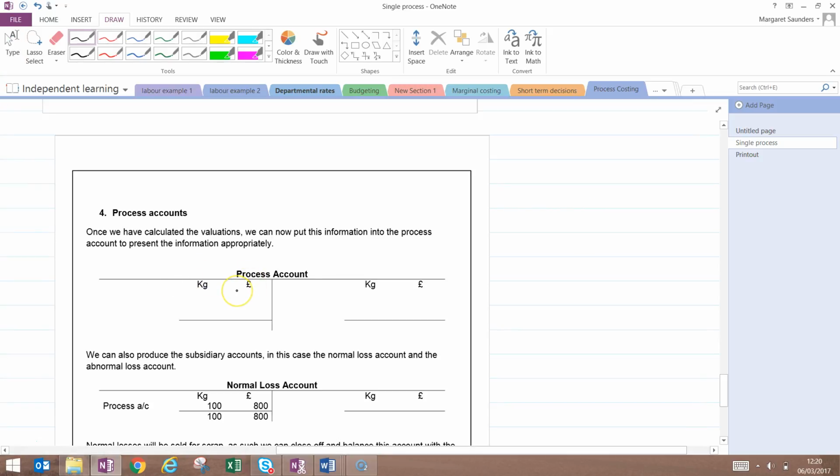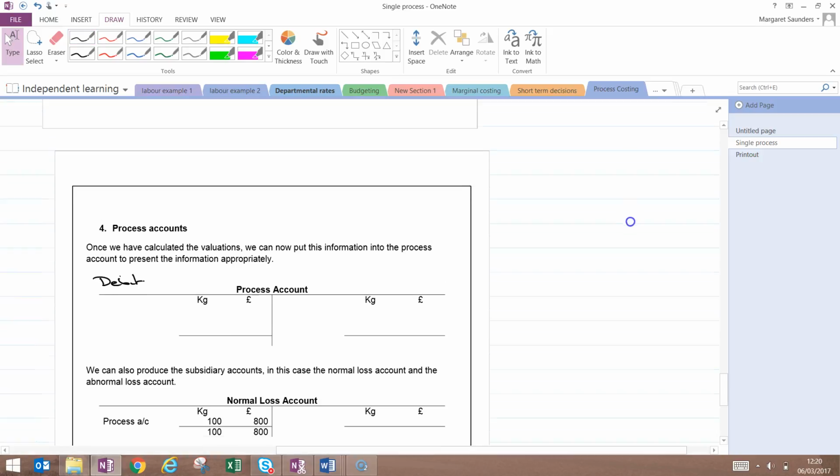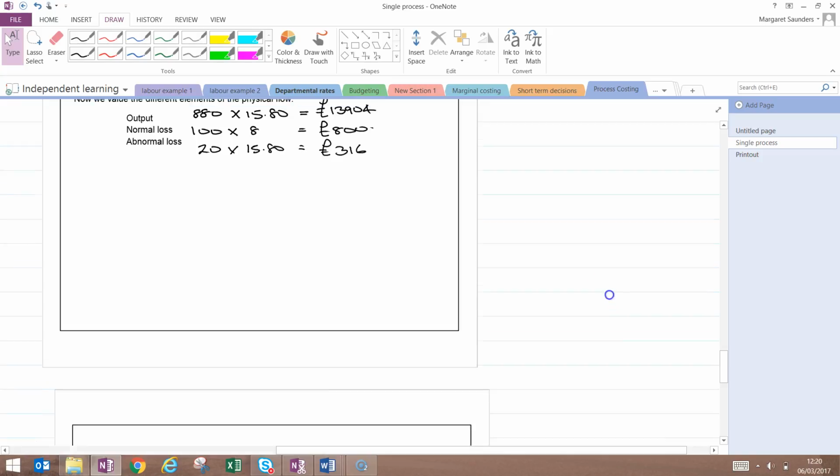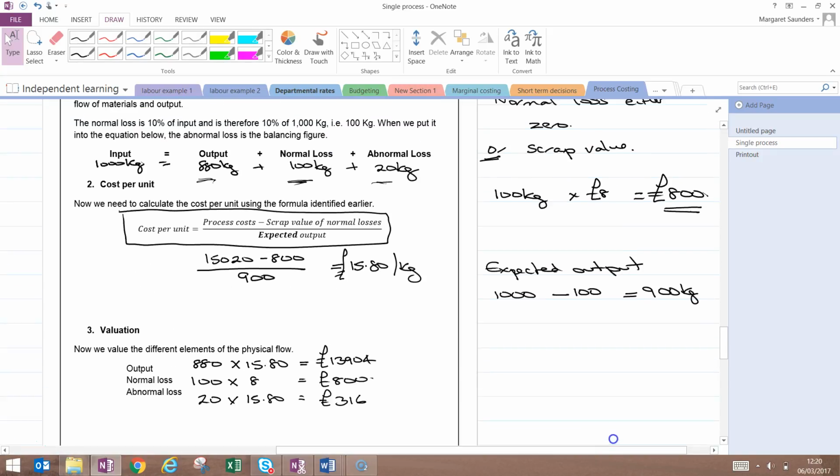So here's our process account. We've got a column for kilos and a column for value. So the debit side, remember this is the debit side, is what we put into the process account. So in terms of quantity, that is what is on the left-hand side of the equal sign.